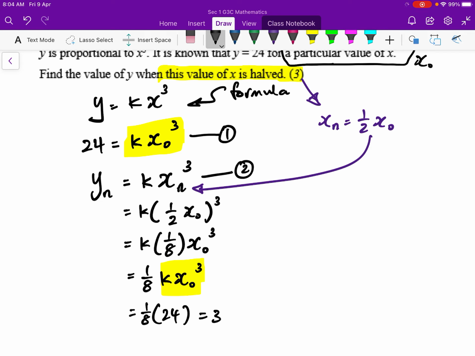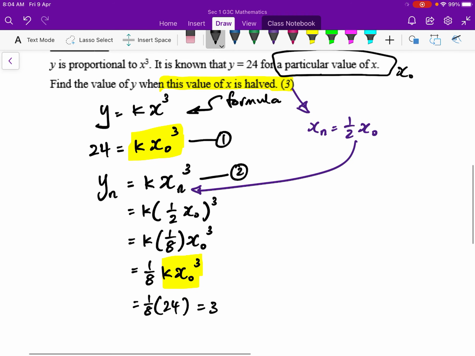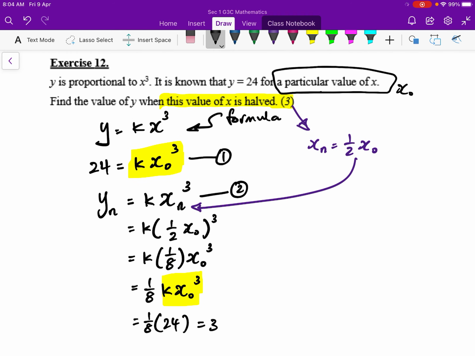Over here, 3. Okay, it is not as simple as, original y is 24, then when my x is half, then my y also half, then 24 became 12. No, it doesn't work that way. But I still expect to see that during your test, if you don't understand what's happening. But I hope not.